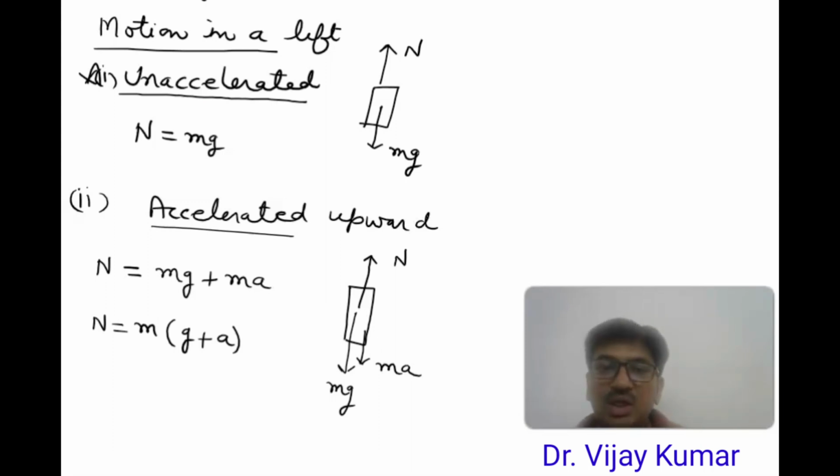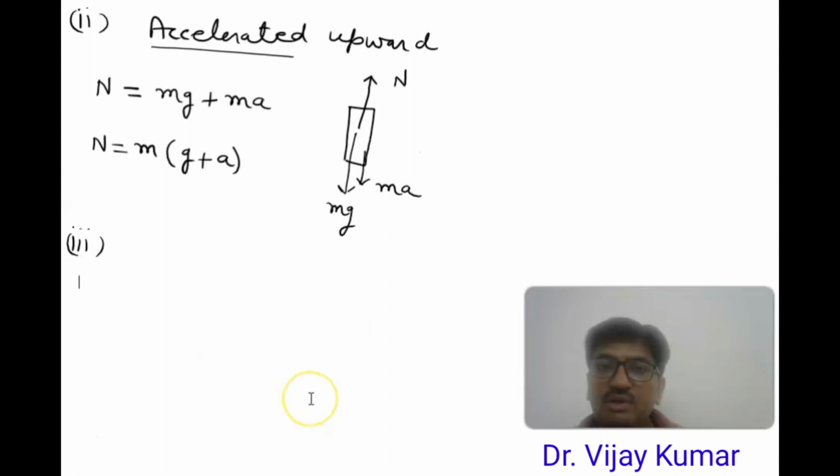So in this situation, the weight measured by the weighing scale will be increased. And the third case is when the lift is accelerated downward.